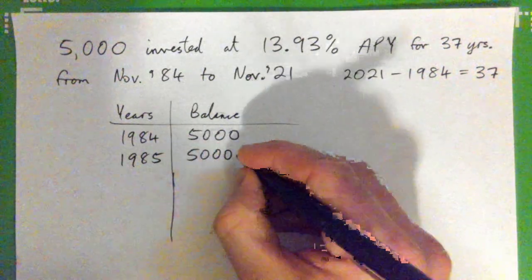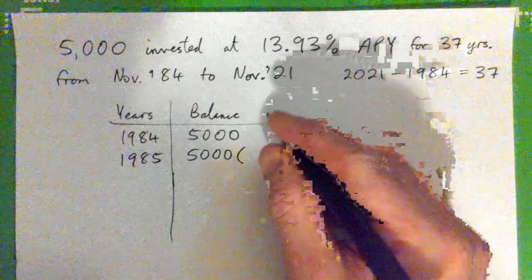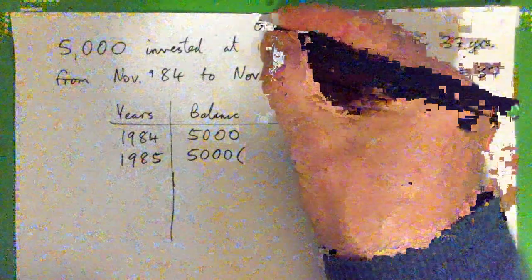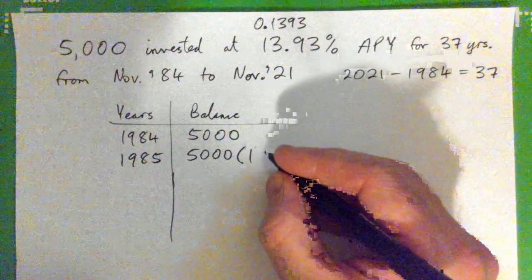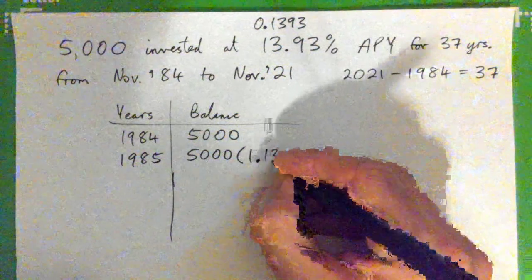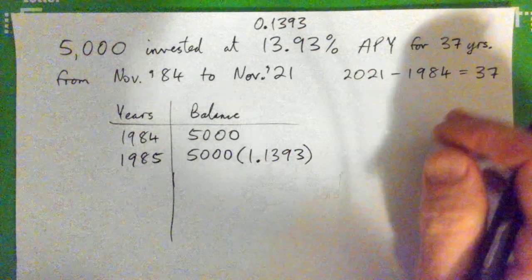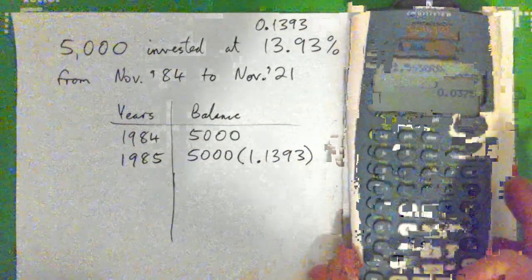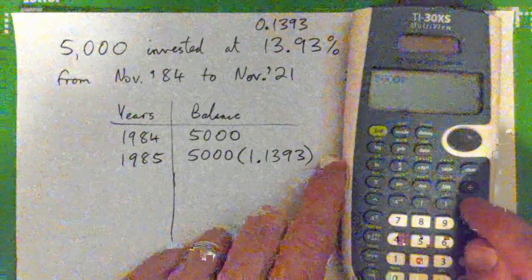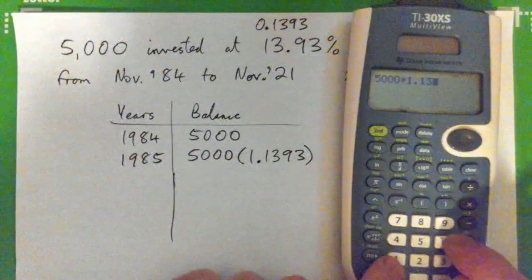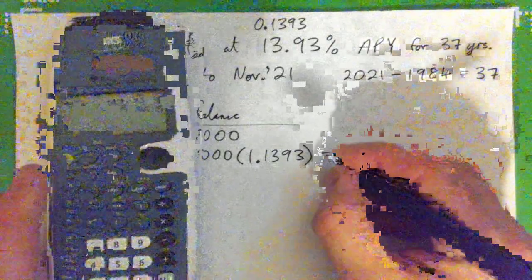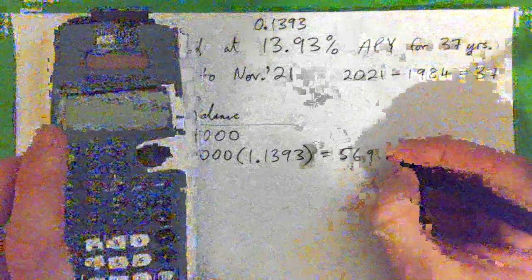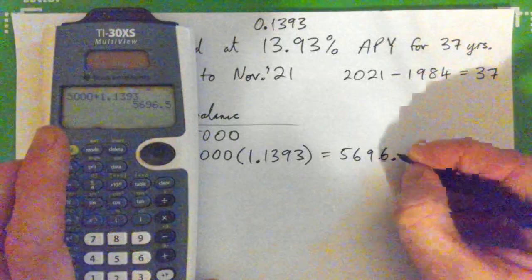1985 is 1 year. And so you just go 5,000 times 1 plus, and this as a decimal is 0.1393, right? So I can go 1 plus that, or just 1.1393, and that'll be the amount after 1 year. 5,696.50, right?